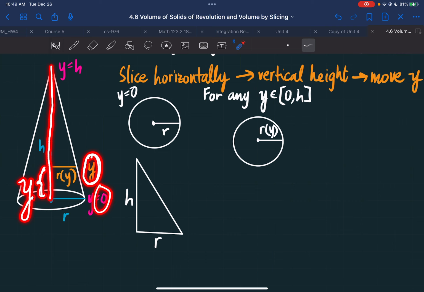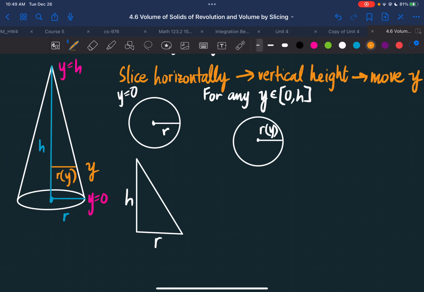So this is a length of y. And so this entire thing here should have a value of h, but we are removing this height of y right here. So we have h minus y. And so for any value of y, we are sure that we have a radius of r of y and a height of h minus y.